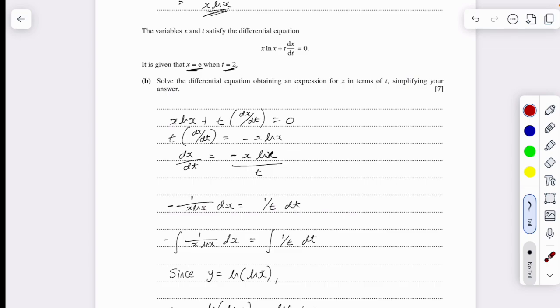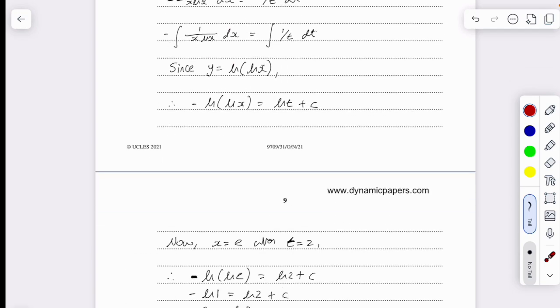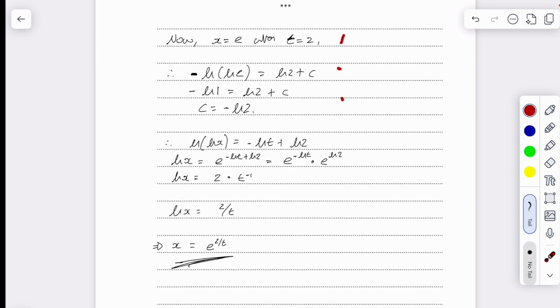We also know that since y is equal to ln of ln x, this is going to turn into ln of ln x, because this is dy by dx. Then we apply initial conditions, and then we simplify from there.